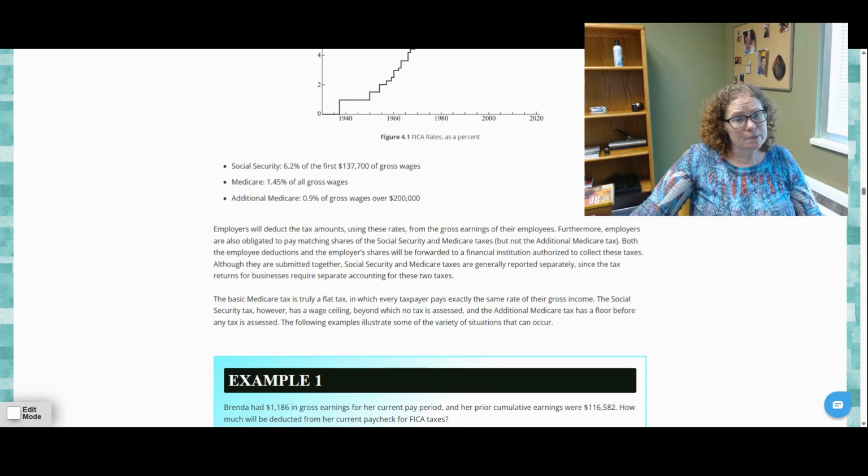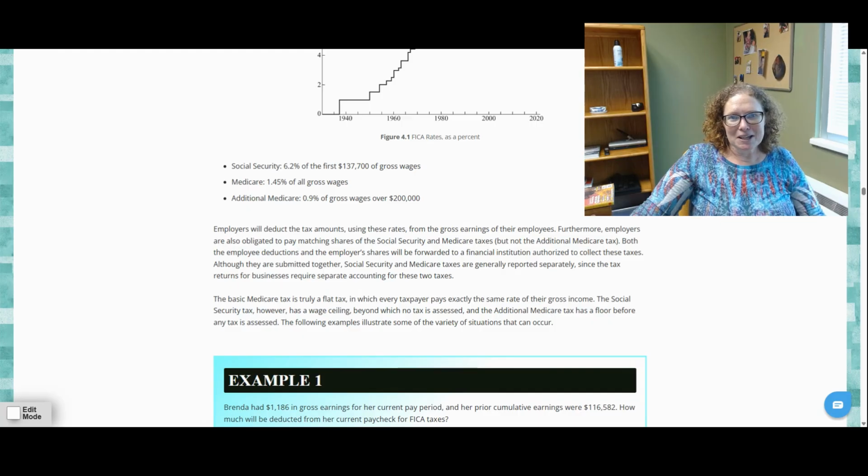We're also going to look at Medicare being 1.45% of all gross wages, and additional Medicare at 0.9% if you make over $200,000. So we're going to deduct all these wonderful things.